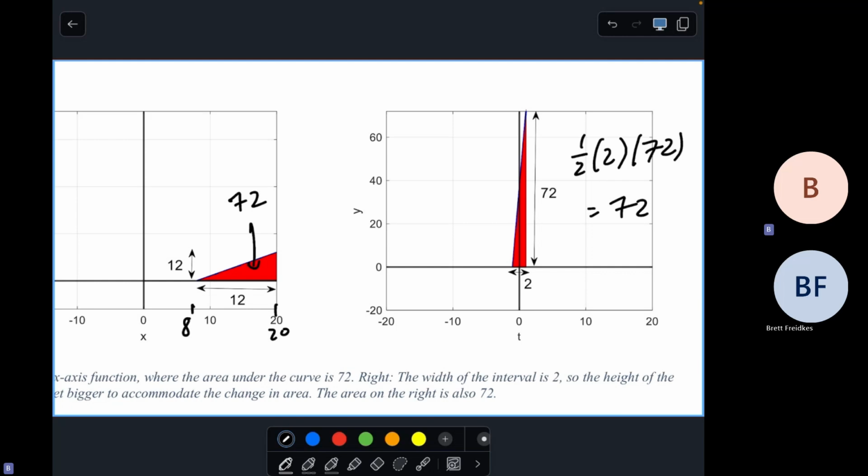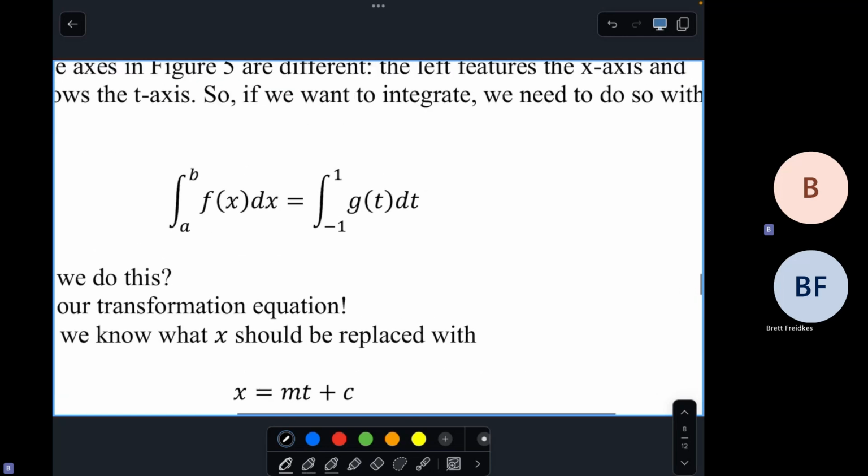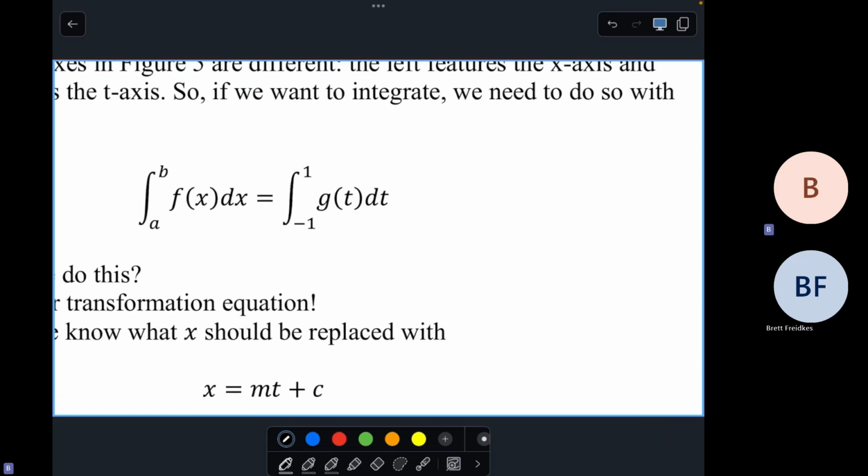Now the question is, where does that height come from when we're doing our math? So let's say we have the integral of f of x. We want to change x to be mt plus c. Remember that this whole thing was x. I'm just substituting in x.